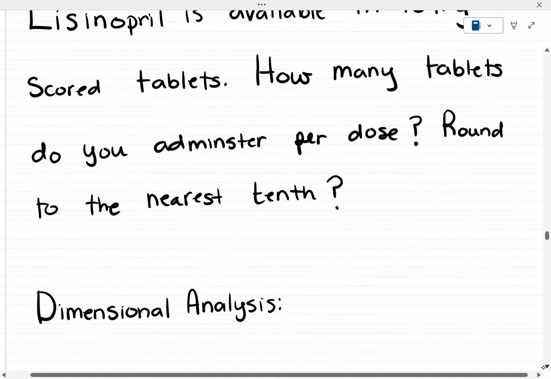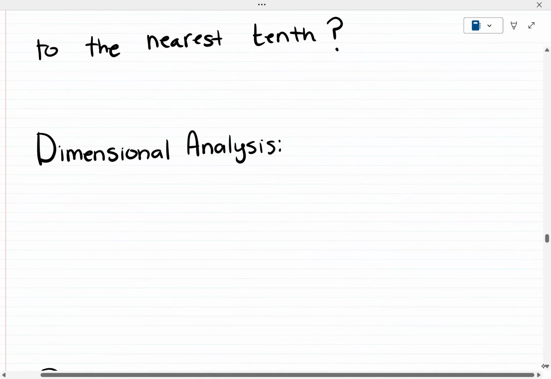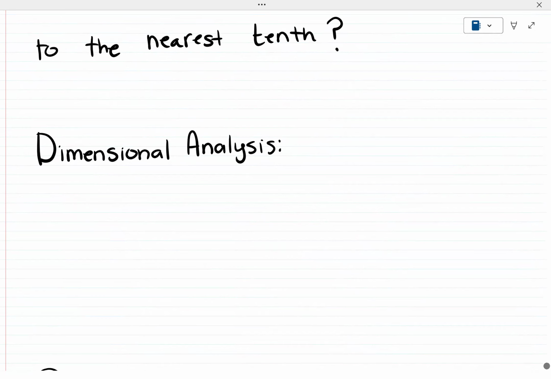Okay, so let's start with dimensional analysis. My first question is, do we have to do an extra conversion? Our desire was 25 milligrams. Our availability was for one tablet, there's 10 milligrams. So everything is in milligrams, so we're good.